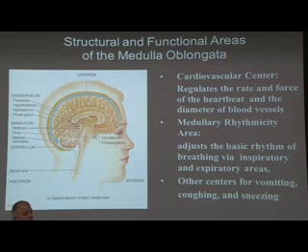Okay. And then near the cardiovascular system, there's a medullary rhythmicity area. And it controls your basic pattern of respiration. So your respiratory rate. And that would make sense because the role of the heart is to pump blood to your lungs to give off carbon dioxide and take on oxygen.